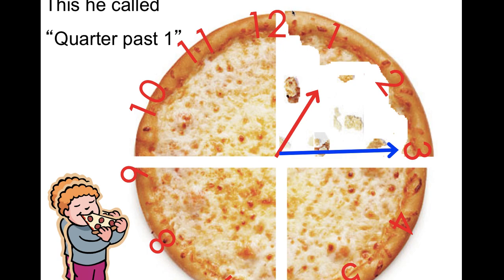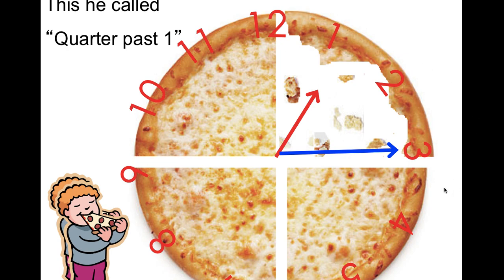Now, remember 1 quarter. So we have 1 o'clock and the 3, 5, 10, 15. It's 1:15. And just like with the 12, this is where we say a quarter past 1. 1 quarter has passed 1 o'clock.